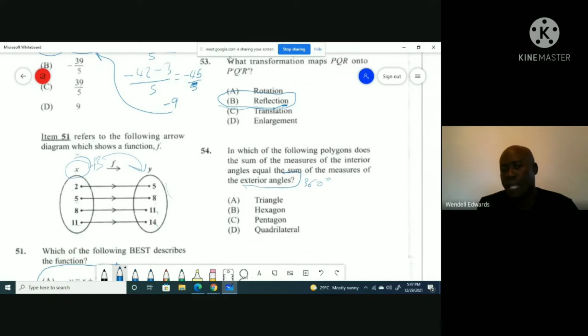Doesn't matter how many sides a polygon has, its exterior angles will sum to 360. Then definitely it's going to be a quadrilateral where we have the total internal, because the quadrilateral will be made up of two triangles, as you could see, 180 and then another 180, total of 360. And what we're saying is the internal and the external angle of every quadrilateral is going to be the same, 360. So that's the response for that one.